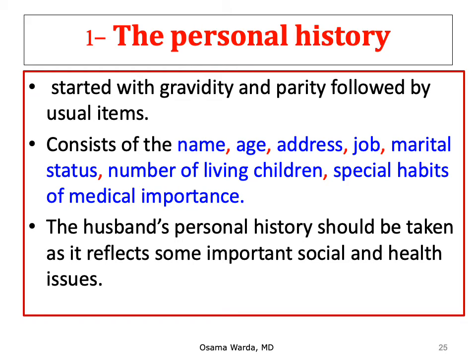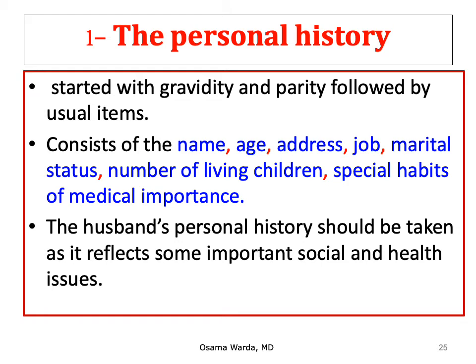Patients working in textile factories are more liable to asthma. Marital status: married or not, whether her husband has another wife, number of living children, to evaluate how precious this baby is, and special habits of medical importance, especially smoking.